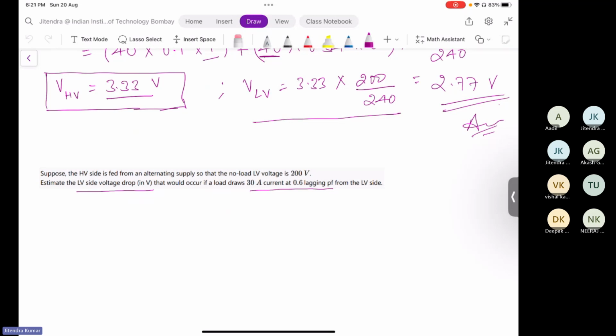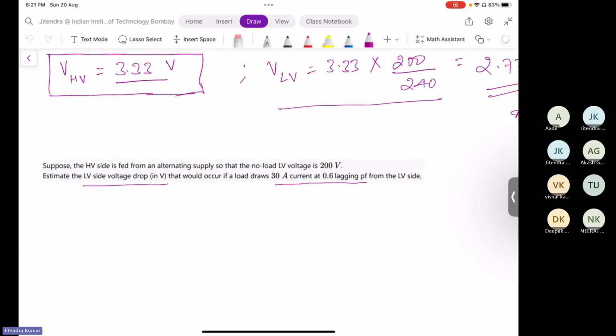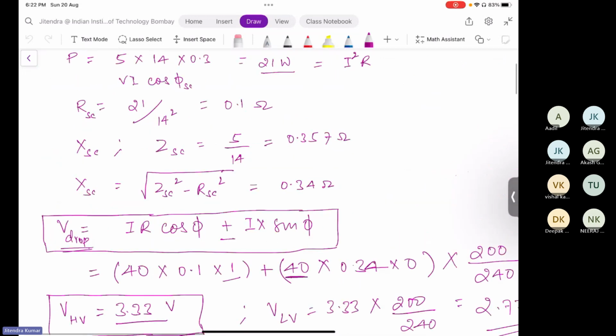You can easily find out the answer. Is anyone trying the problem? Yes, sir, what is R? R is 0.1 ohm.